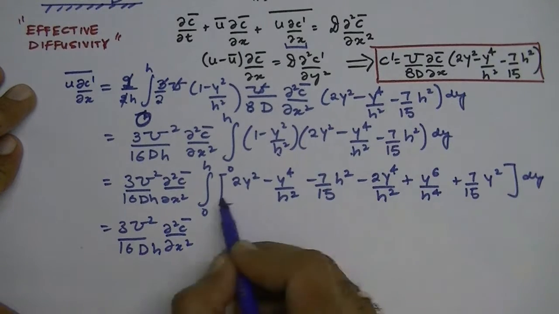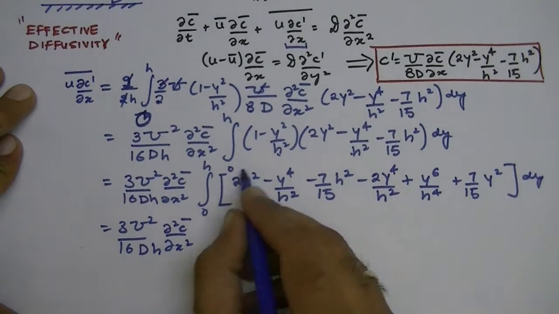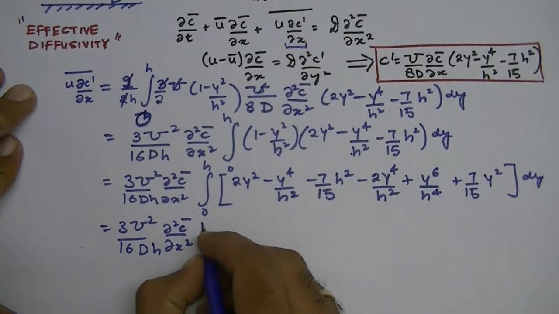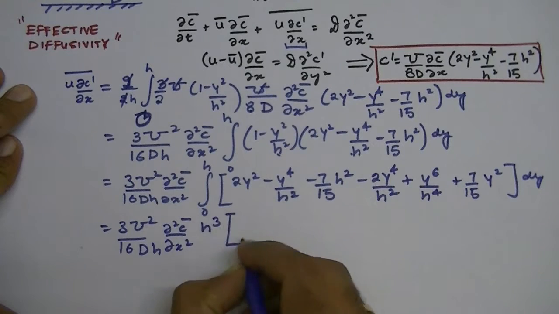So all these terms would have a dimension of h, and after the integral would have dimension of h cubed. So we'll take h cubed common.